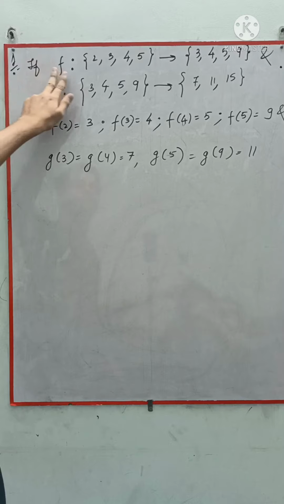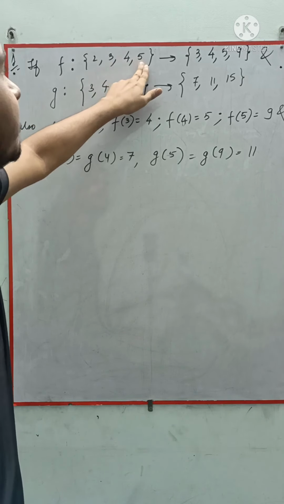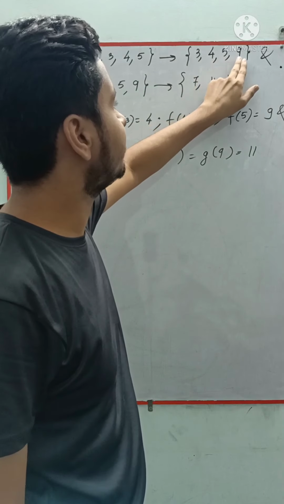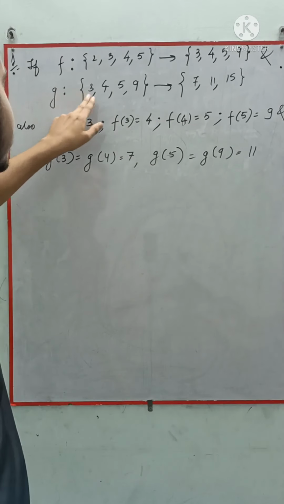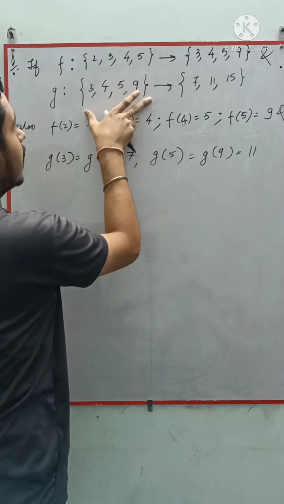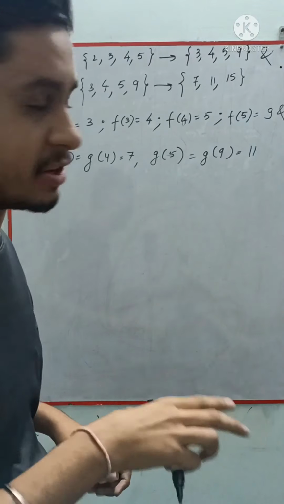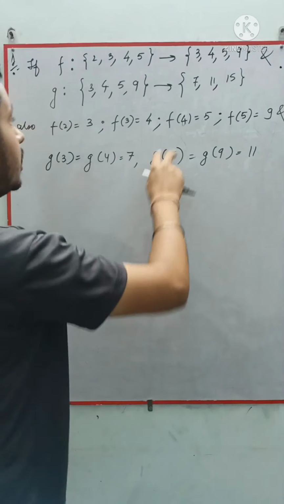So given f is in this set having 2, 3, 4, 5 and 3, 4, 5, 9, and g set 3, 4, 5, 9. Can you see these two are the same? That means this is a composite function.